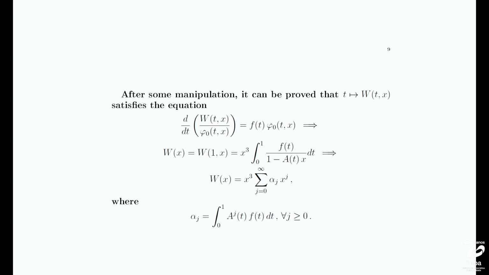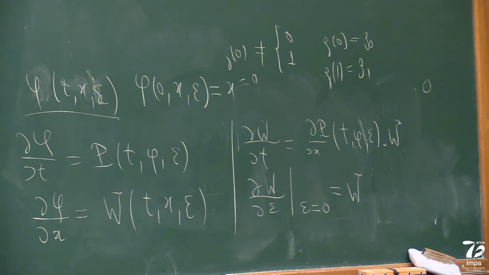So let me recall. I have the flow phi of t, x, epsilon, and then I take the derivative with respect to epsilon.